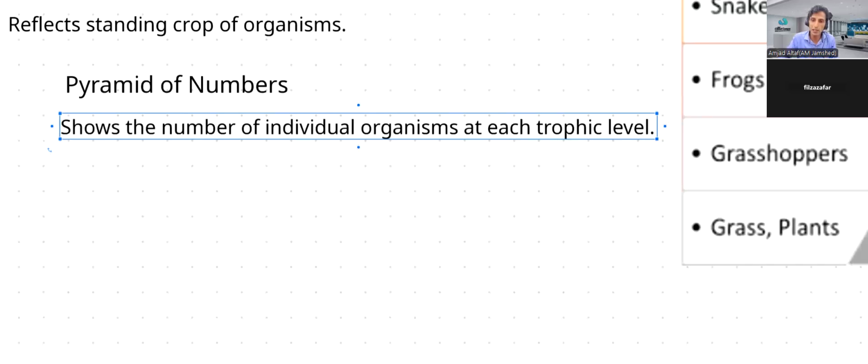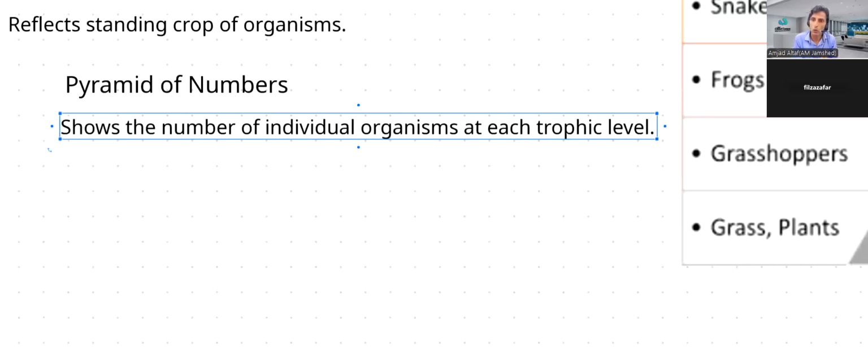You can see in the diagram that the numbers may not reflect energy or biomass. Suppose one tree supports thousands of insects. We can't say how much energy or biomass we have based on numbers.